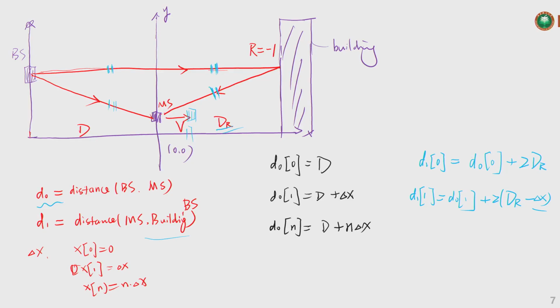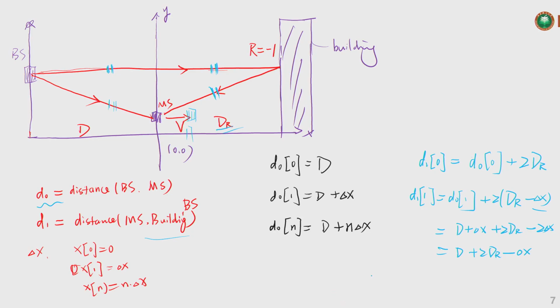And this road becomes longer because it moves away from the base station. So D11 is D plus delta x plus 2dr minus 2 delta x, so it becomes D plus 2dr minus delta x.